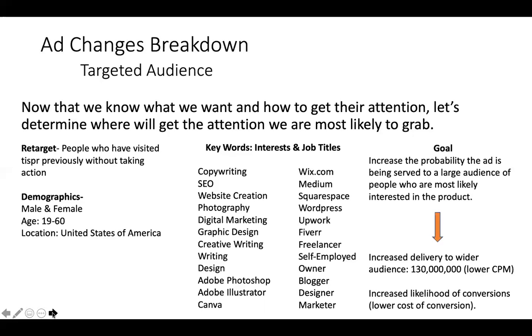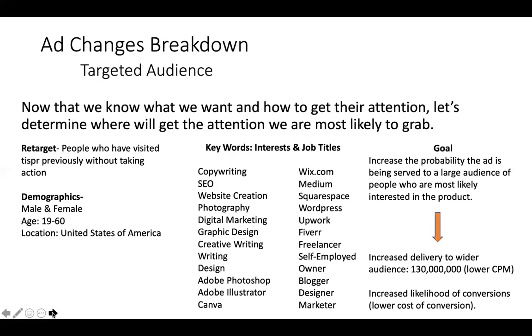Also people who are interested in some of the freelance tools that they might be using, such as WordPress or Squarespace. And then I think a great target audience are people who are interested in the freelance job searches and job sharing for Upwork, Fiverr, and Freelancer. Job titles of self-employed or owner, blogger, designer, or marketer are going to be a really good audience to try to hone in on, who may already be interested or experiencing this problem and are looking for a solution.